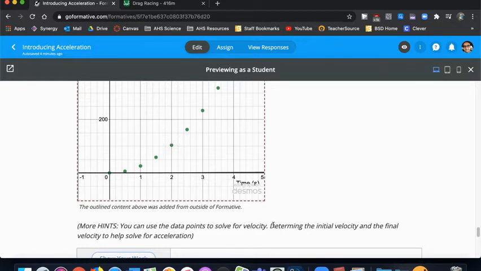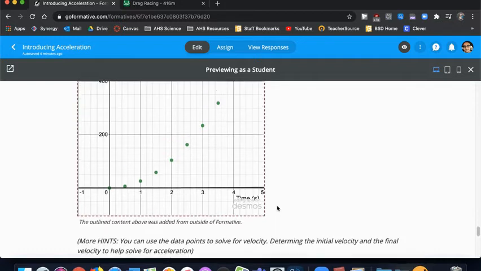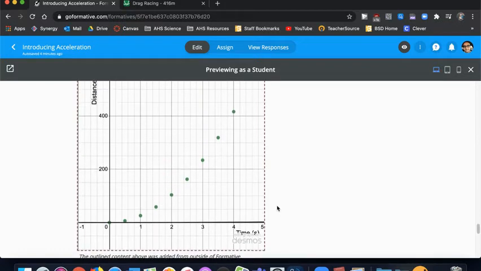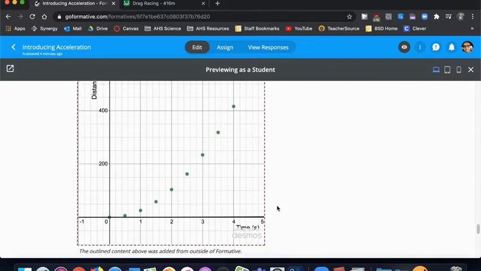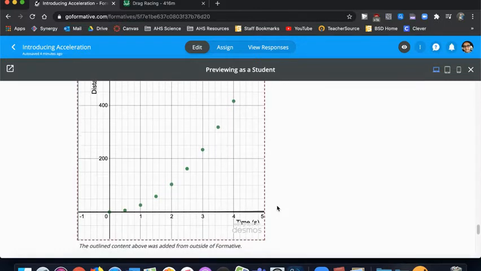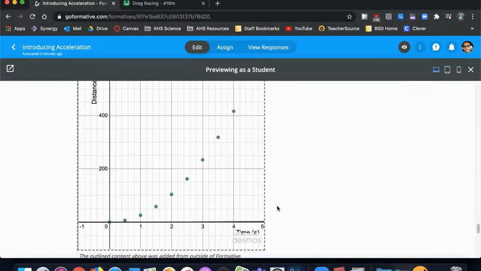You can then calculate the initial velocity and the final velocity to help you solve for acceleration. To do that, we want to remember that velocity equals distance divided by time. We can click on the graph and get our initial velocity here.